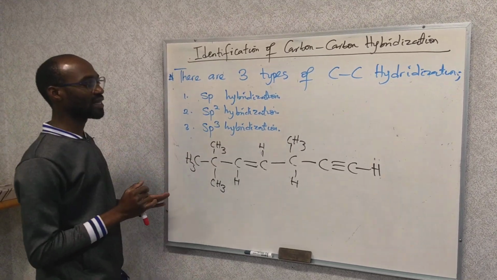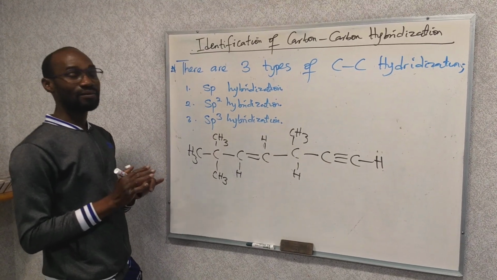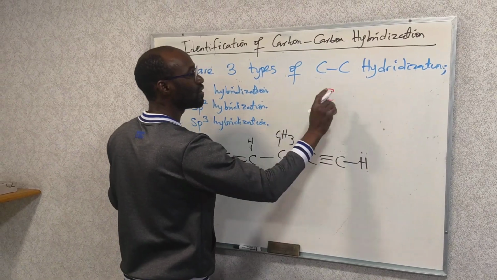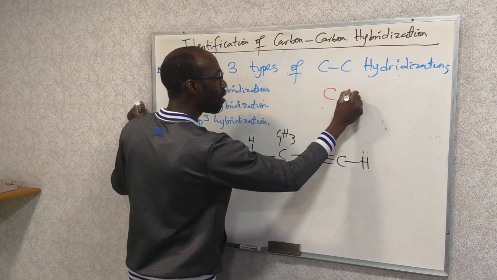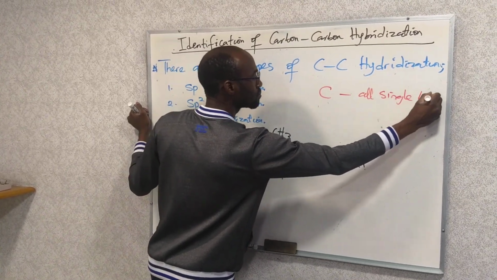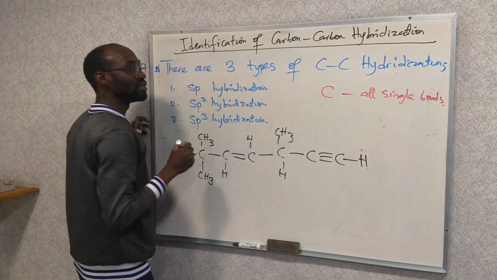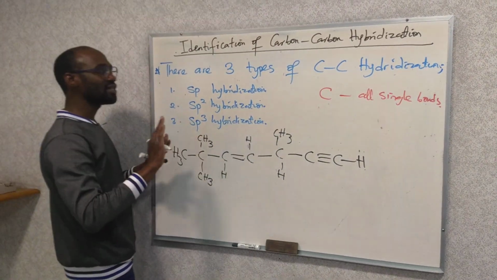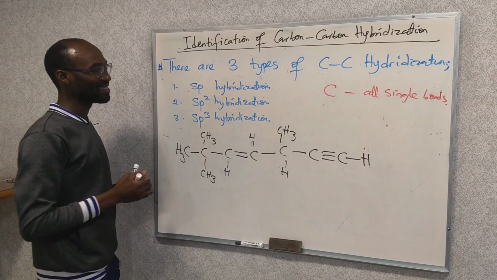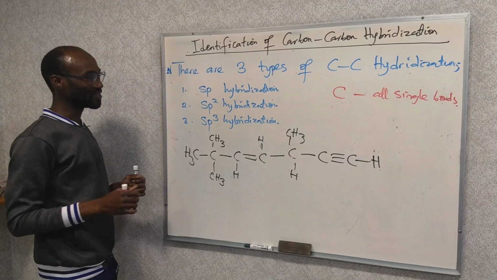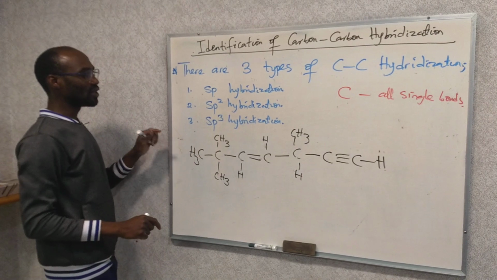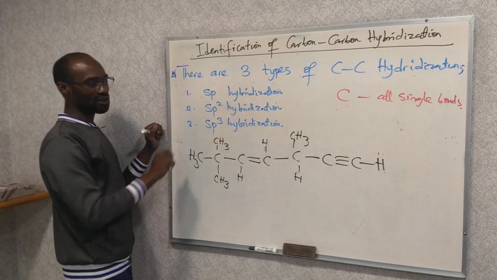The simple technique to identify the kind of hybridization is that if the carbon is surrounded by all single bonds, only sigma bonds, which we will talk about in another session, that carbon is said to have sp3 hybridization.